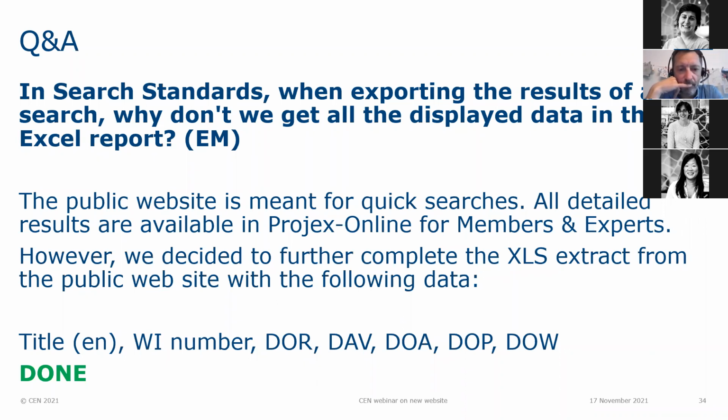However, we decided to complete the Excel extract from the public website with more information, like the title in English, the work item number, and some dates, like the DOR, DIV, DOA, DOP, and DOW. So this has already been done.